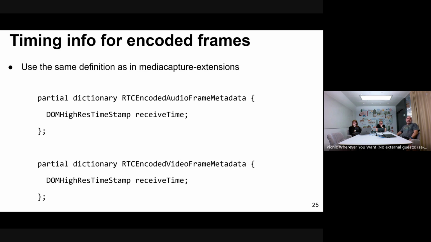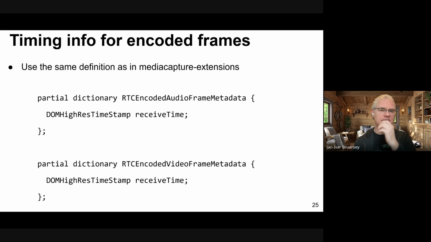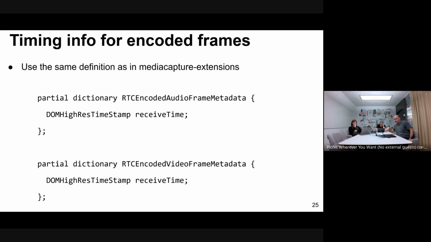Yeah. And the use case here is so that you can measure, if you want to use WebCodecs to decode it or have something custom, then you know that you have a timestamp for when you received it, so you can start measuring the time it took to do everything. But let's say I have an RTC encoded source, for example, that comes from, say, WebCodecs. What would be the receive time? The receive time is the time once you received it.